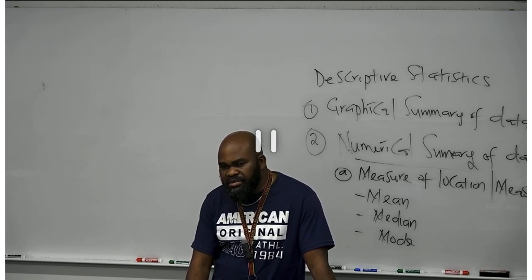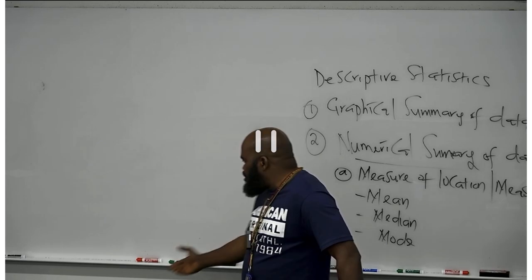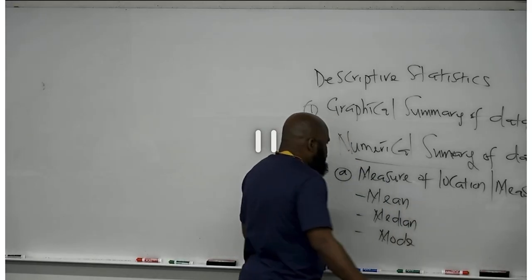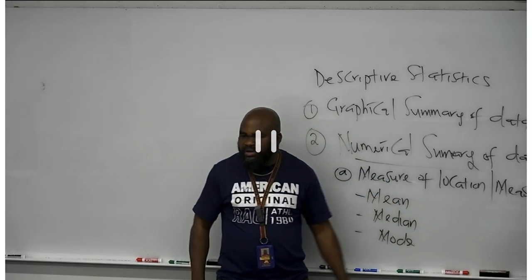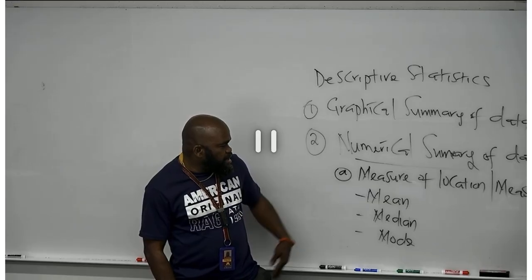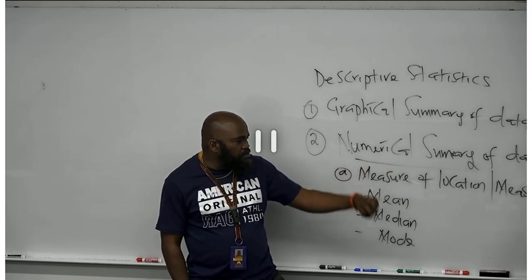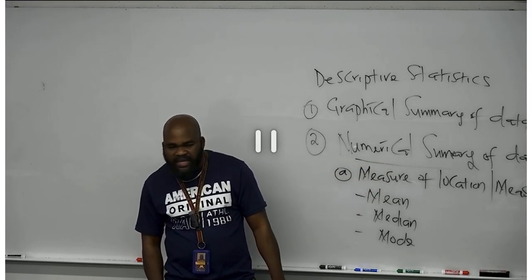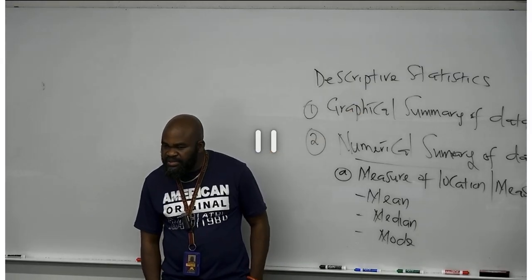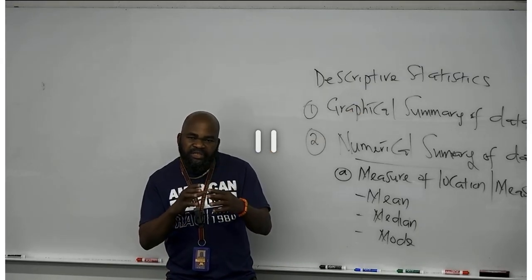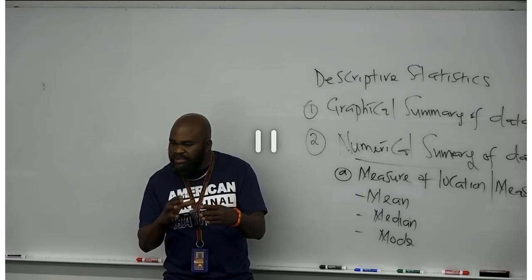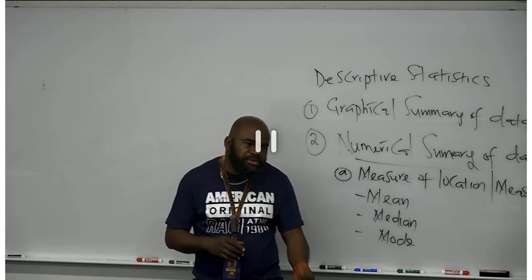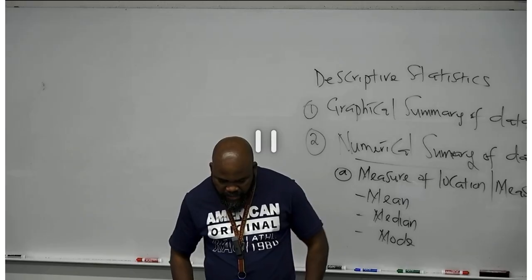Whether mean, median, or mode, they are all classified under measures of location or measures of central tendency, and they fall under numerical summary of data in descriptive statistics. Don't forget, we're not doing anything inferential here. We're describing; we want a numerical summary of our data.